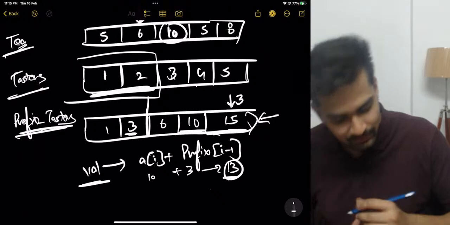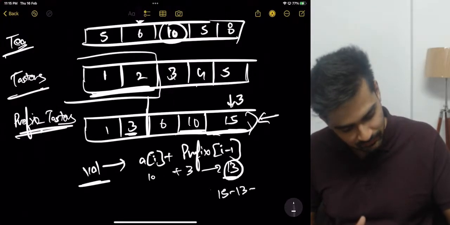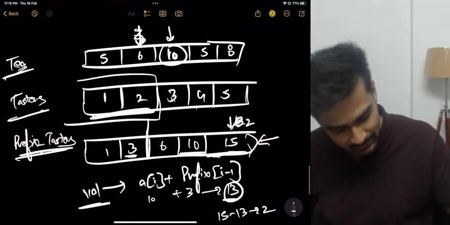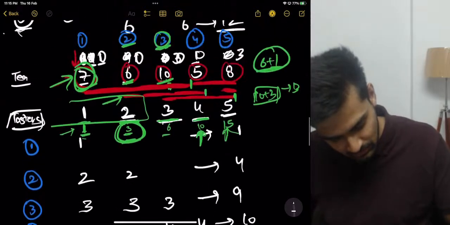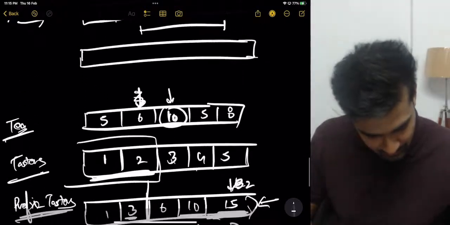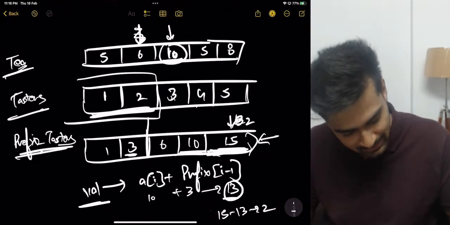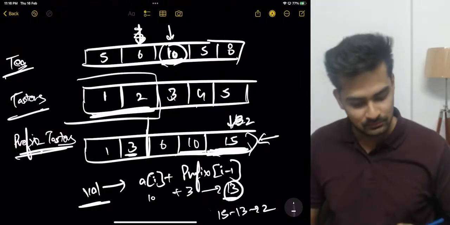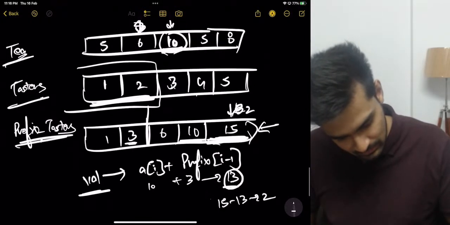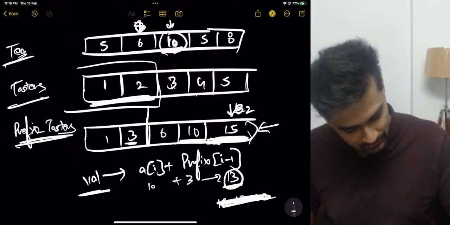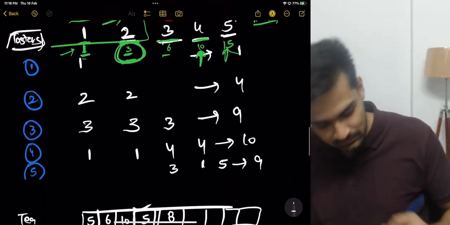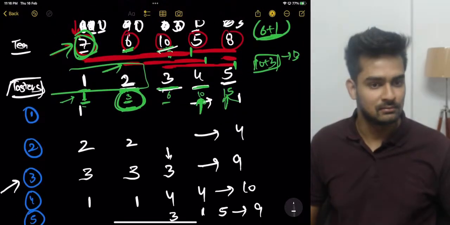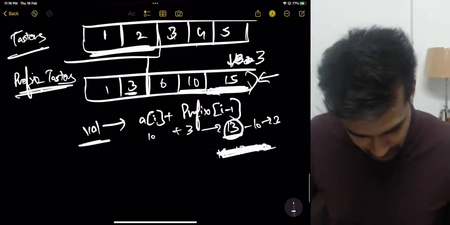We had 13, and 13 minus 10 is 3. So the last person was able to drink a T value of 3, and as you can see in this table also, the third person was able to drink a value of 3. So that is how you can actually find it.